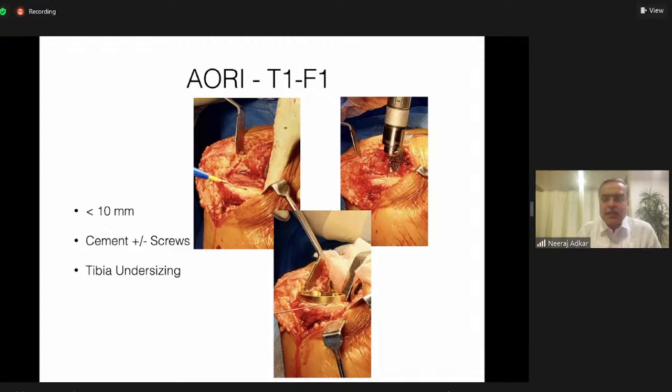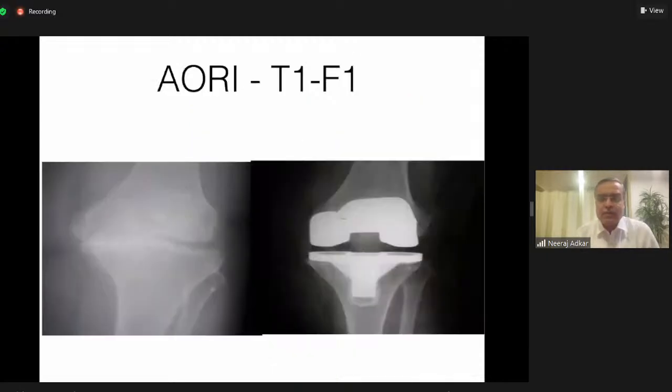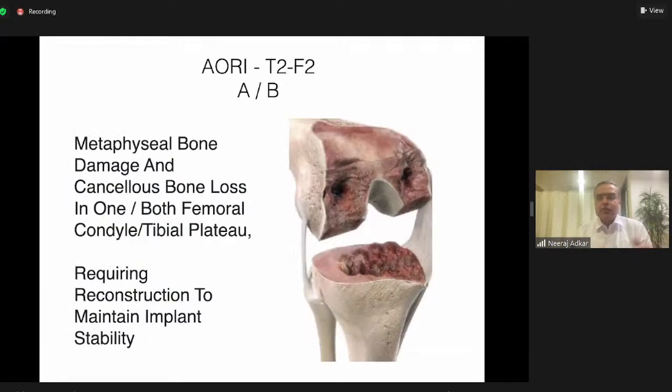So this is how you tackle the type 1 defect on the tibial side. And this is a standard varus knee dealt with cement augmentation. Another option in such cases is to resect the tibia maybe 2 mm extra, which reduces the bone defect, and definitely it improves stability of the tibial implant.